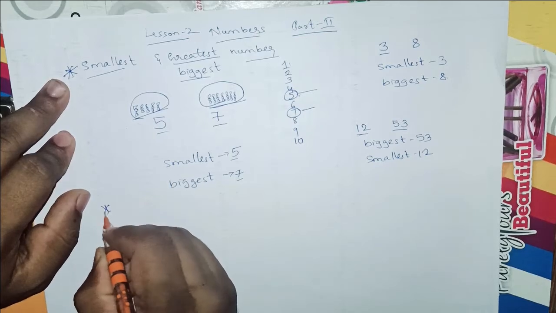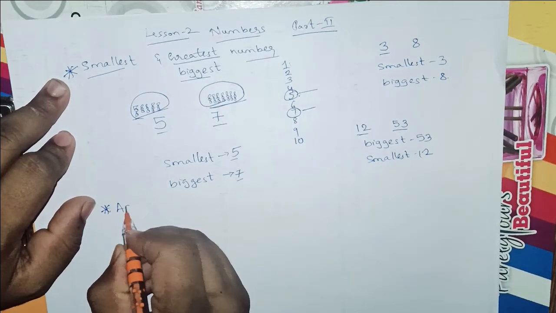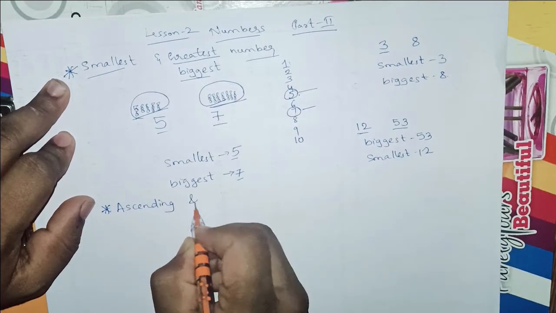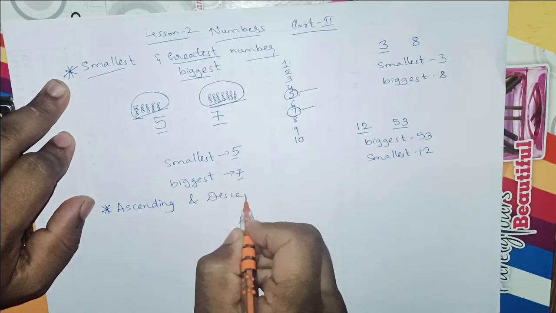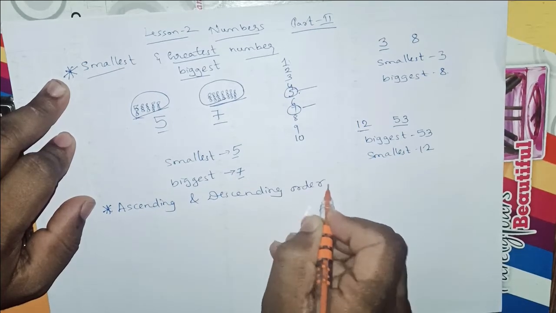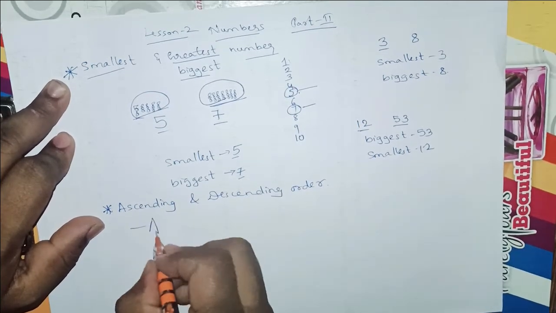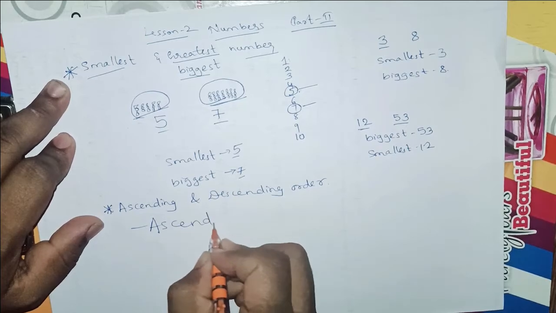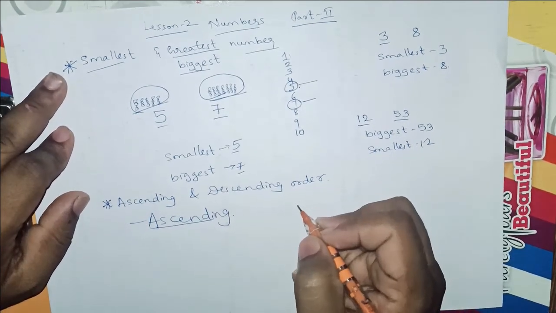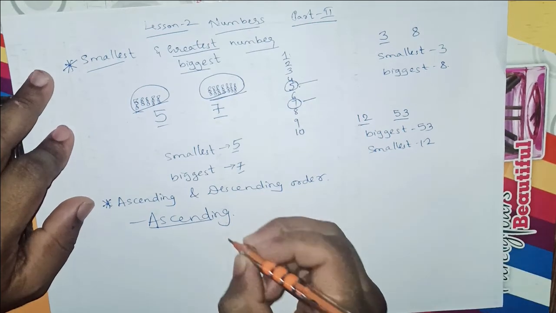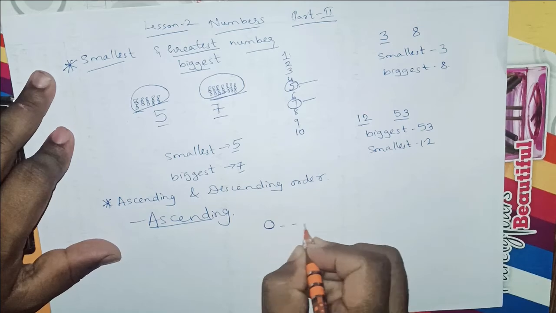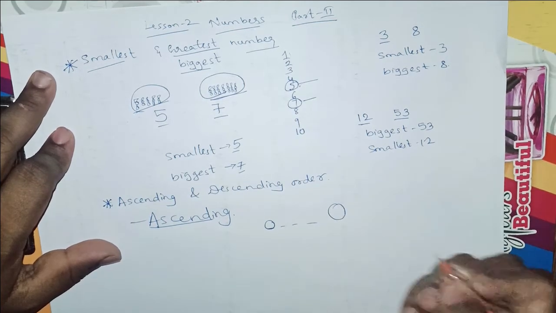Now the next concept is arranging the numbers in ascending order and descending order. First let us see how to arrange the numbers in ascending. Ascending means you are going to arrange the numbers from smaller number to bigger number.